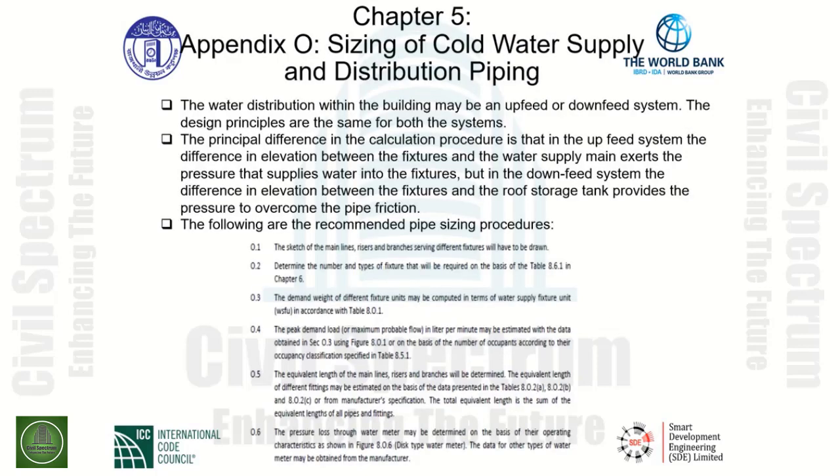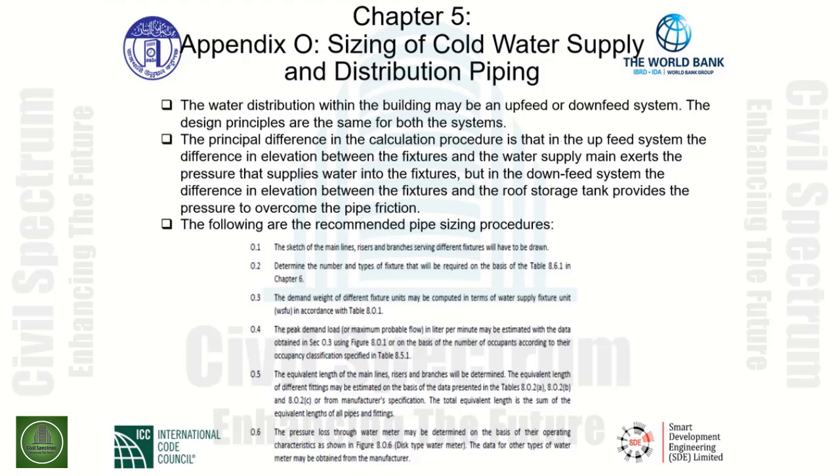As directed in section 5.8, Appendix O gives us requirements for sizing of cold water supply and distribution piping. The water distribution within the building may be an upfeed or downfeed system. The design principles are the same for both the systems.